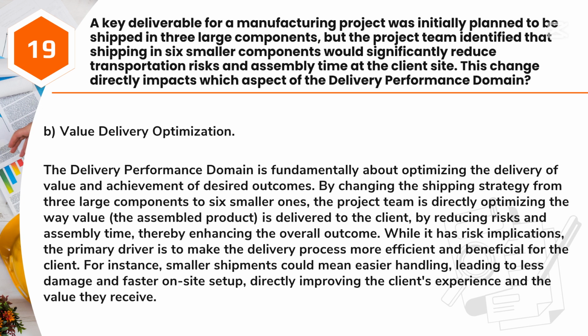While it has risk implications, the primary driver is to make the delivery process more efficient and beneficial for the client. For instance, smaller shipments could mean easier handling, leading to less damage and faster on-site setup, directly improving the client's experience and the value they receive.